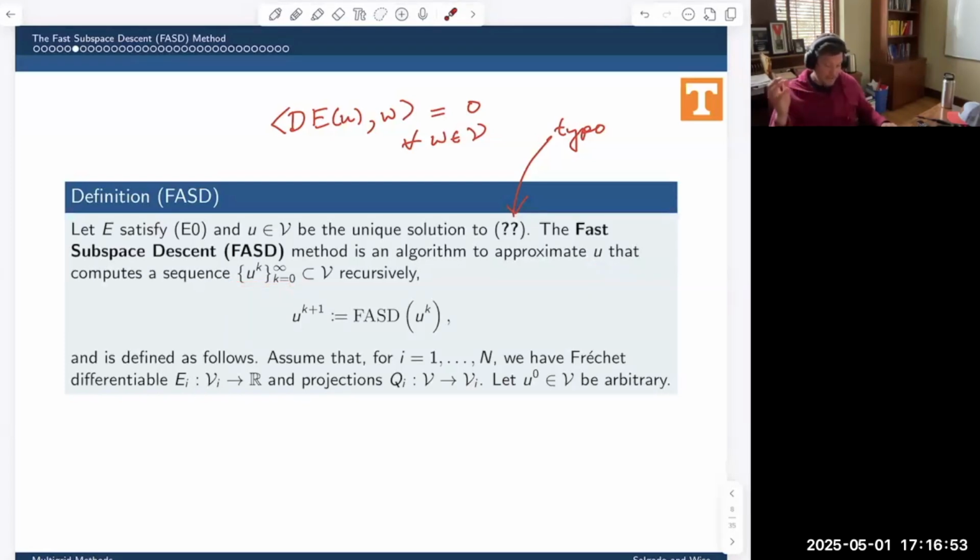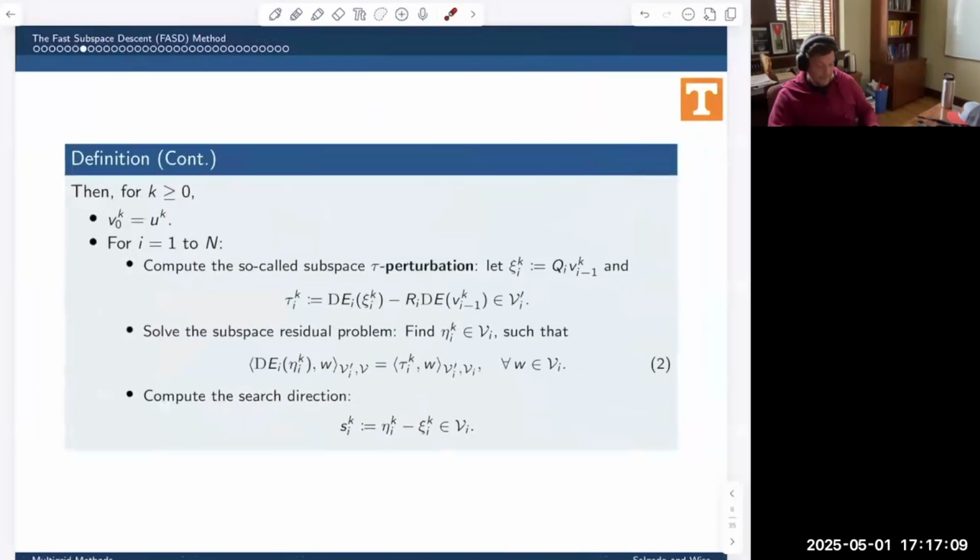Now, what we need in addition to the E, which satisfies certain nice properties, is these Frechet differentiable subspace energies, and we need to have projections. Those are the only two new features that we need for this new method, which is called the FASD method.